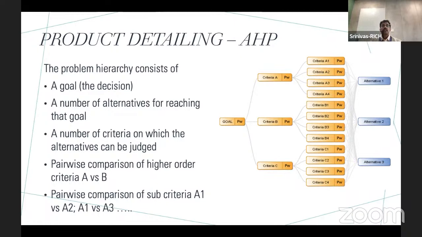So for instance, I say, okay, the goal is that I build a startup. So for me to build a startup, criteria A is I need to have good idea. Criteria B is I need to have good team. And then criteria C is that I need to have good funding. Good idea, good team, good funding. Then you'll achieve your goal, right?